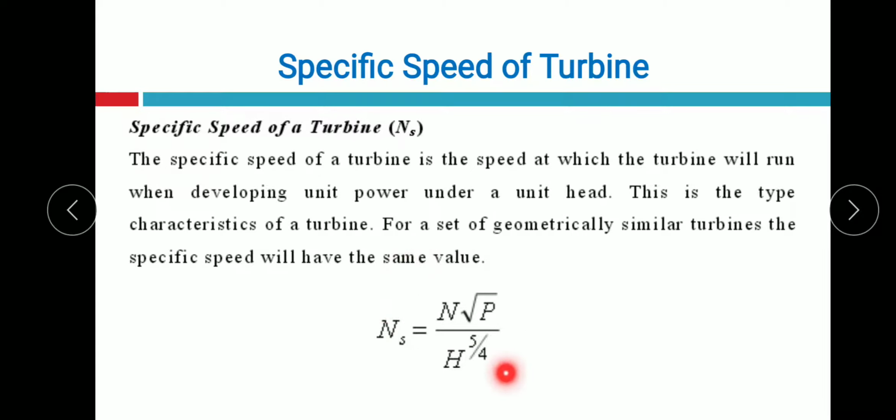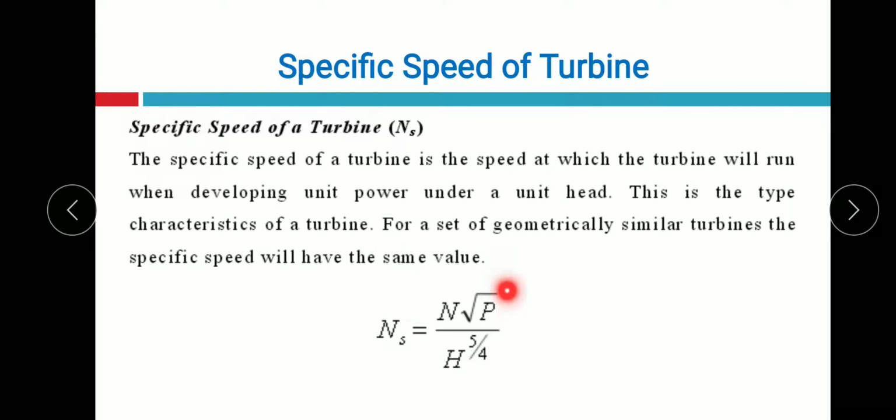By using this equation you can tell whether the turbine is an impulse turbine or a reaction turbine, Pelton wheel or Kaplan turbine or Francis turbine. In the first lecture I gave some ranges for specific speed.